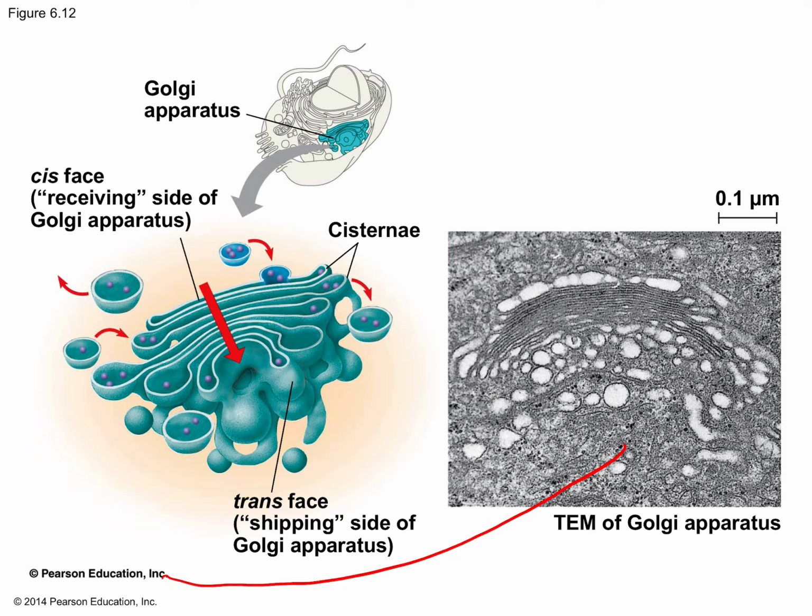If we imagine the cell membrane is down here, that vesicle can come down and fuse and dump those proteins off to the outside. But this side where they come in from the ER is called the cis face, or the receiving side, okay? The side of the Golgi where they ship off from is called the trans face, the shipping side. That's essentially how this works in terms of getting those proteins to the outside.